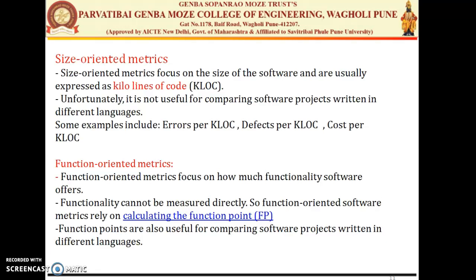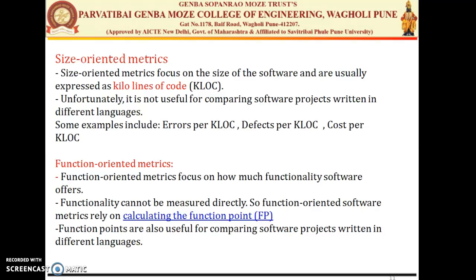So likewise we can compare the ongoing project with previously developed software projects. If some software has the same quality, or functions the same as the new software we are developing, and that software has the same functions which the previously developed software has, then we are comparing the two softwares, the previously developed one and the ongoing one, using the size oriented matrix, using the table which is created under the size oriented matrix.